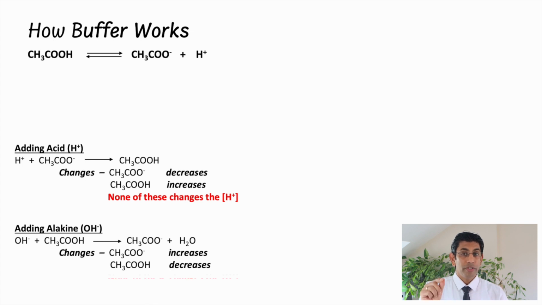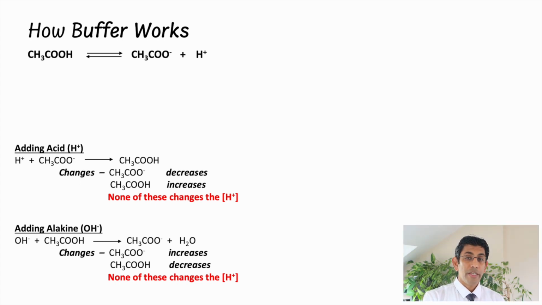The amount of CH3COOH, ethanoic acid, is coming down, and the amount of CH3COO minus ions is going up. Same as before, there is no change to the H plus concentration in this example. And because the H plus concentration is not changing, the pH is not changing.